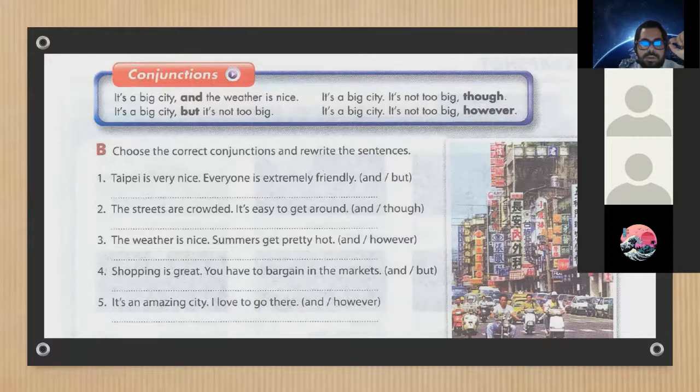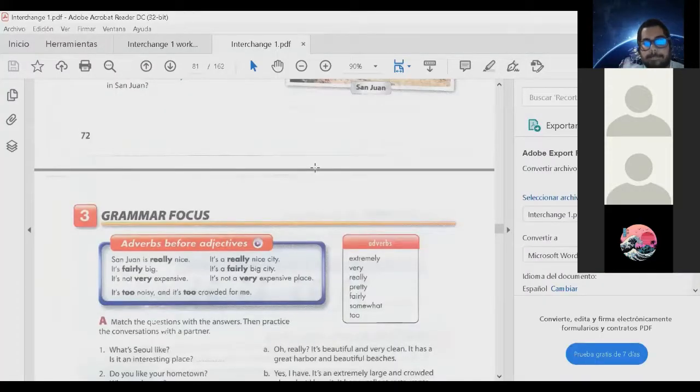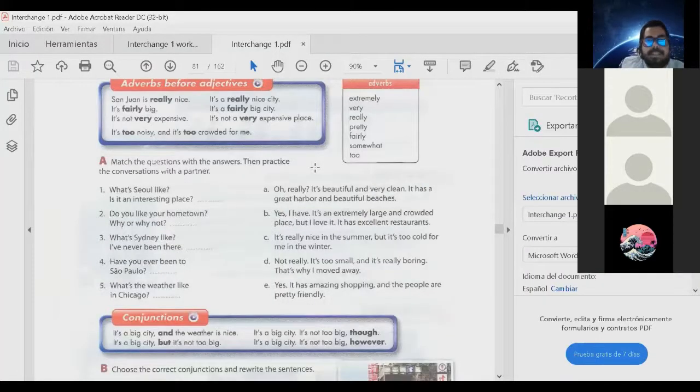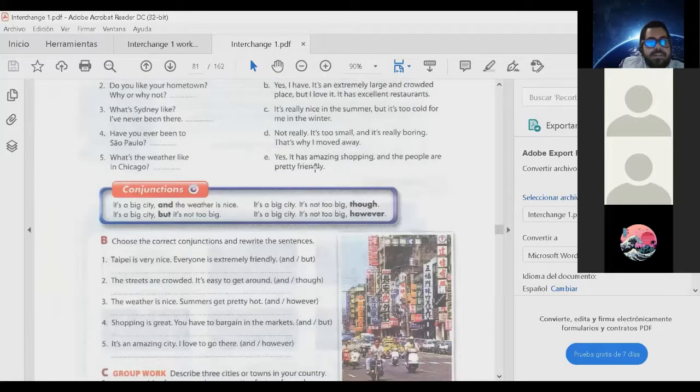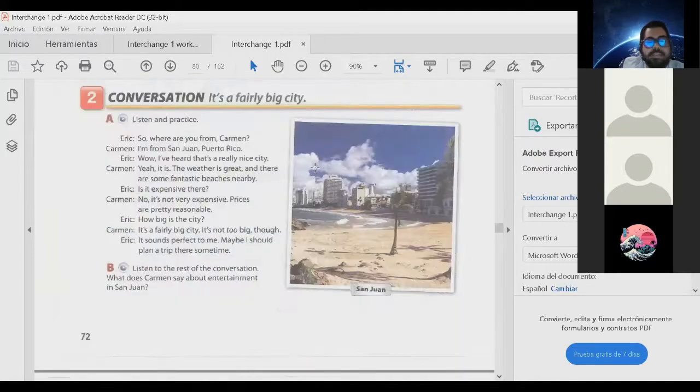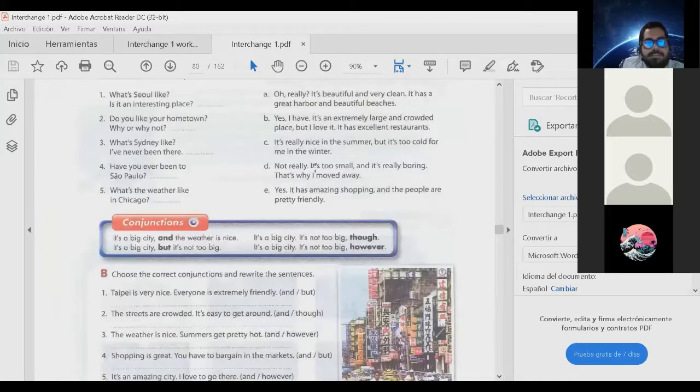This is page, see, from the book, this is page 73. Is this one over here? Yeah. 73. 73, girl. Yes. Let me see. No, it's 73 over here.